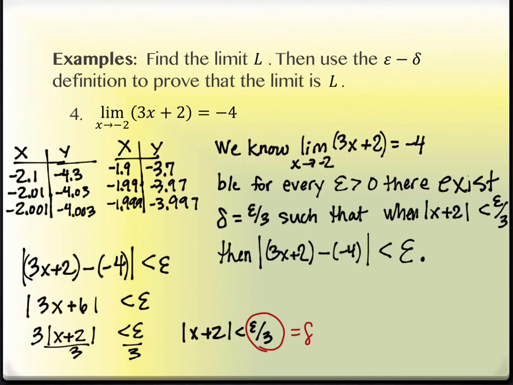So what this is saying is that when I'm close enough to the x value of -2, in fact, when I'm within epsilon over 3 on either side on the x-axis, I am guaranteed to be within epsilon of the limit value -4 over on the y-axis. That's what this says.